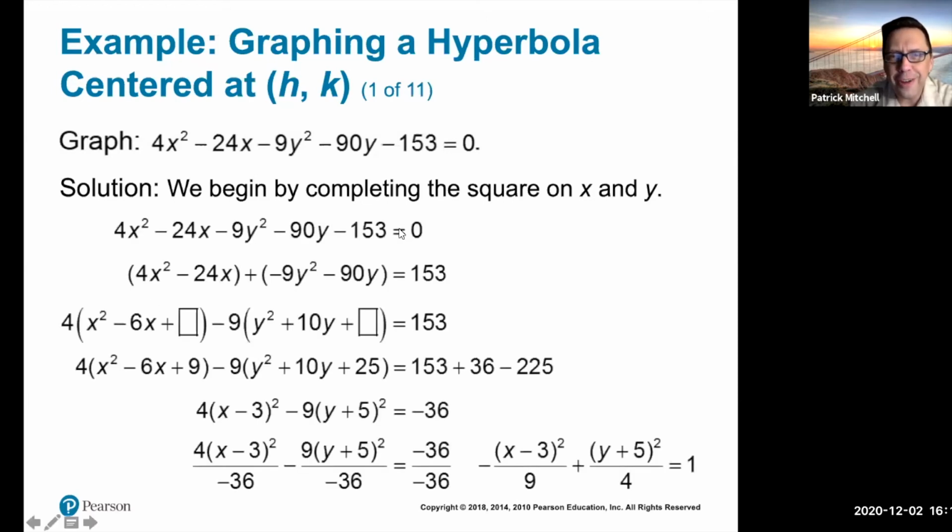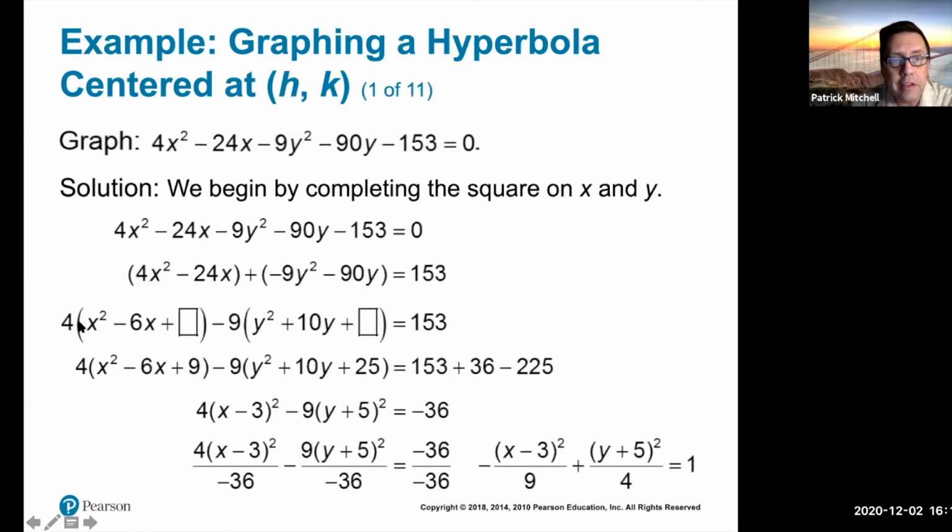Okay, so let me talk you through this. First, we're going to put our x terms together and put our y terms together, and we're also adding 153 to both sides, so the 153 ends up over here. Next, we're going to look at the coefficients of the x squared and y squared terms, which are 4 and -9, and we're going to factor those out.